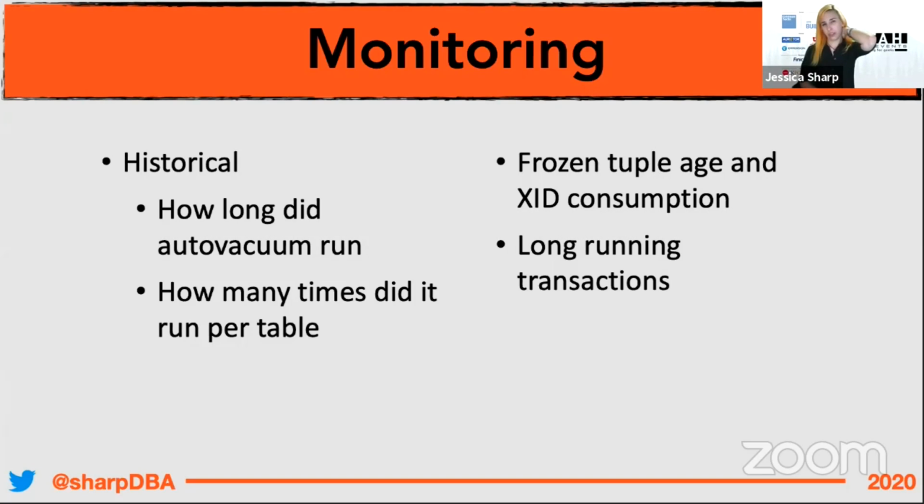The other thing that you do want to monitor is your long-running transactions. Now, I know I said that autovacuum is not a full vacuum, doesn't reclaim space, and doesn't put a lock on the whole table, so you can still do queries against the table. But you may have some resource contention going on there. I'm not saying that there are no locks.